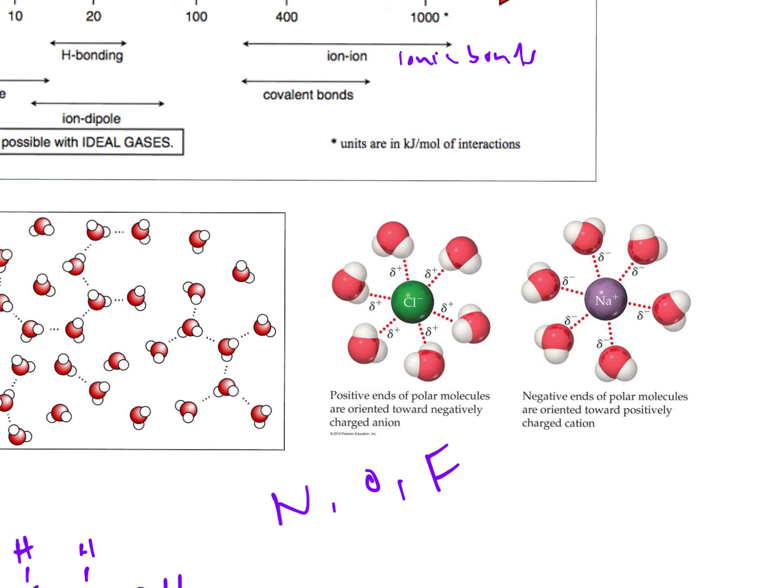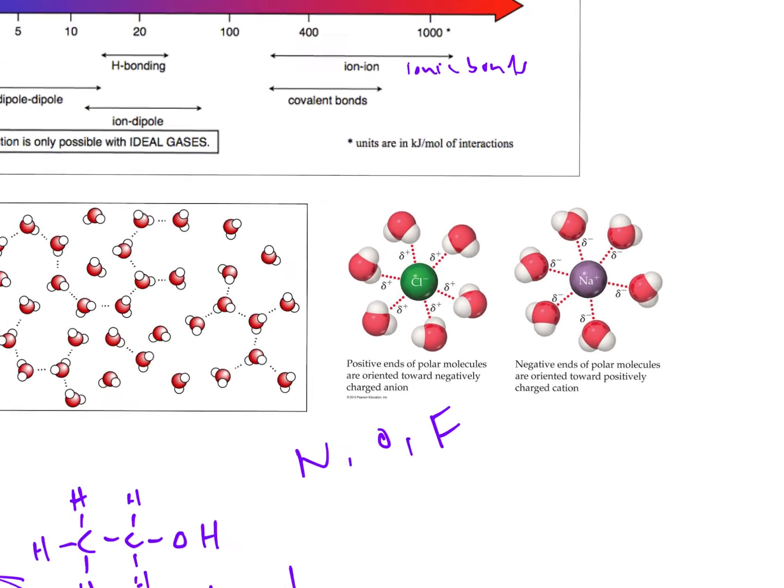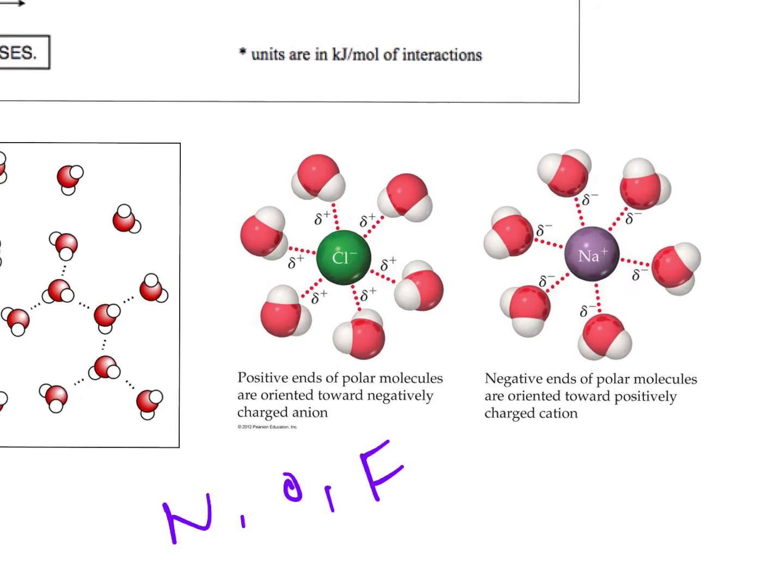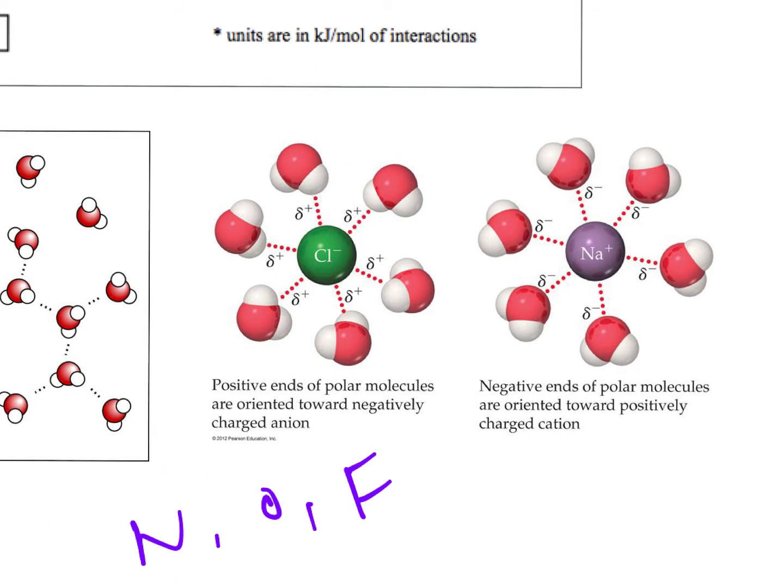Okay. So then ion-dipole interactions. These to me are somewhat less interesting, but basically, if you have an ion, we have sodium and chloride here, represented in this figure, our chloride ion and our sodium ion, and they're dissolved in water.